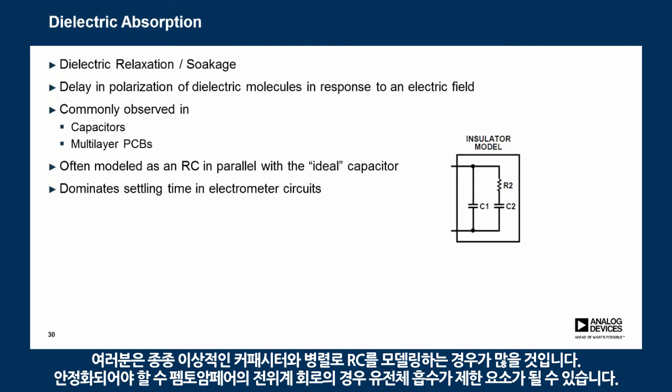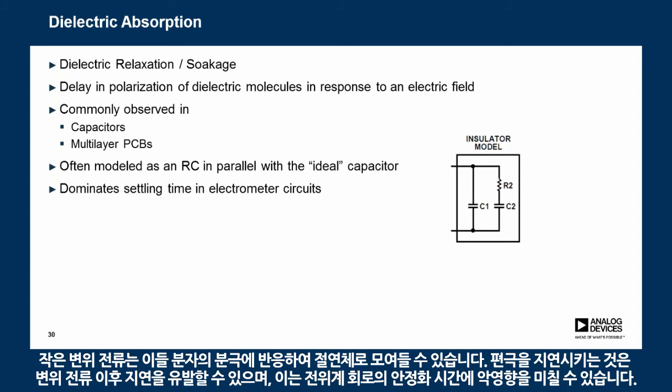In electrometer circuits that need to settle, let's say to a few femtoamps, dielectric absorption could be a limiting factor. A small displacement current could flow through the insulator in response to polarization of these molecules, and the delay in the polarization causes delay in dissipation of the displacement current, and this dominates settling time in the electrometer circuits.